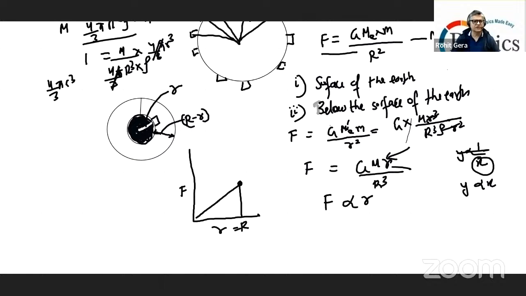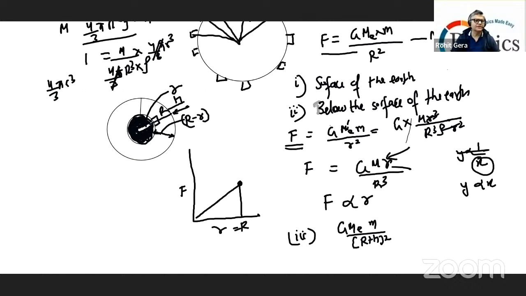The balance is now the third part, which is how does the gravity or the force of gravity behave when it is above. So G Me m by R square की जगह we will write R plus h whole square. Now the body is at height h above the Earth's surface, and the total is R plus h.